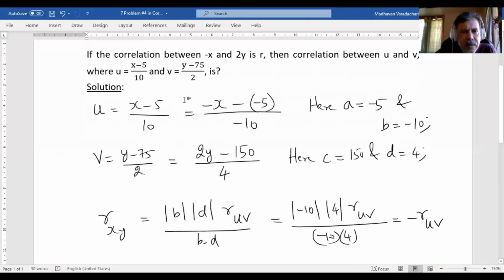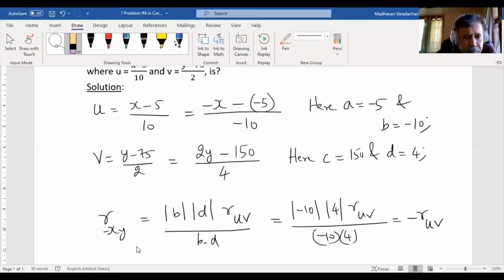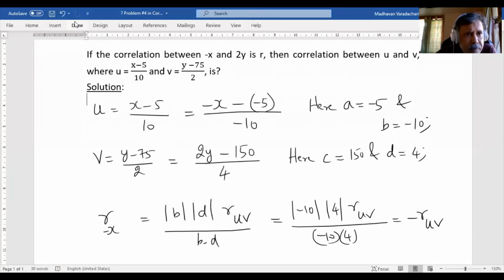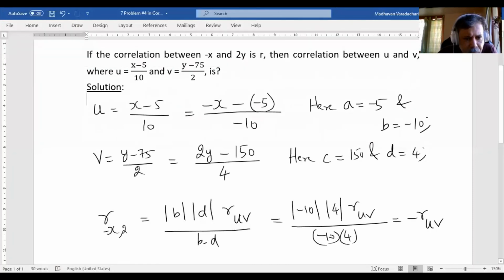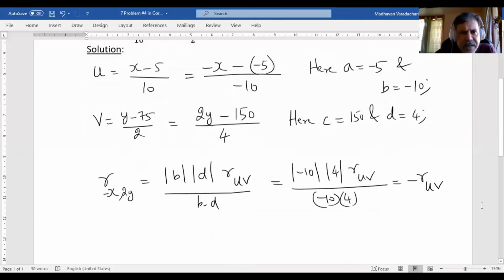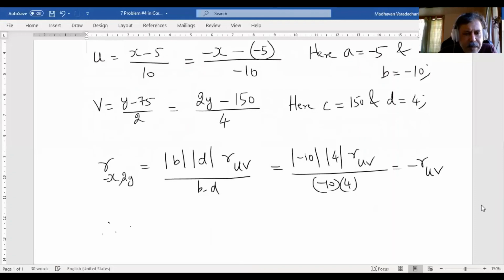Oh, sorry. Here I should put it as minus x, comma 2y. I'm sorry, let me correct it because we converted all those. It should be minus x, comma 2y. So exactly the opposite sign it will be. Therefore, in this case, r of uv will be minus r because it is coming opposite.